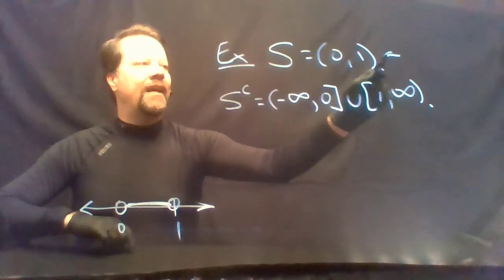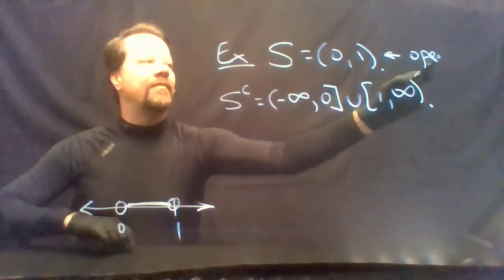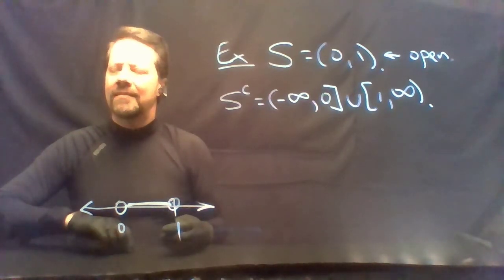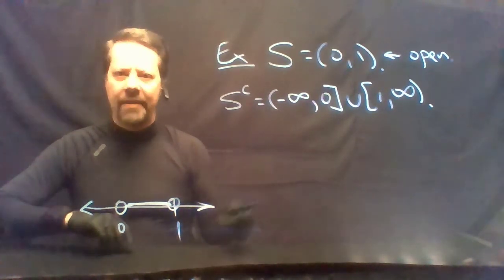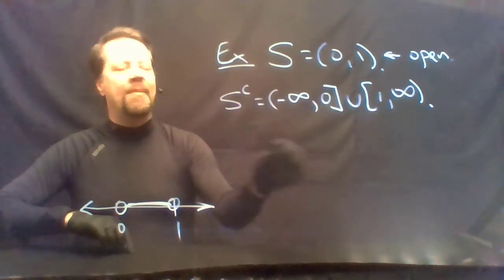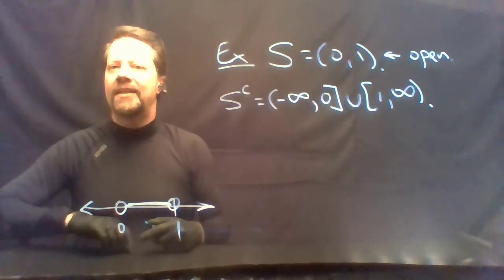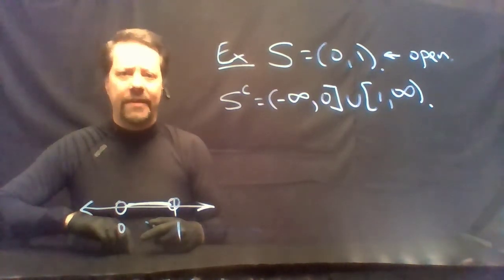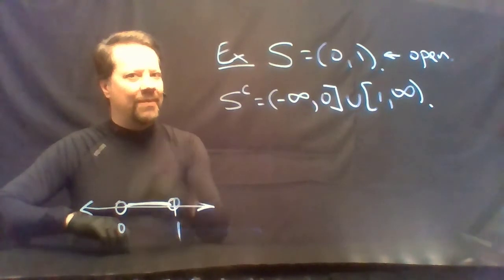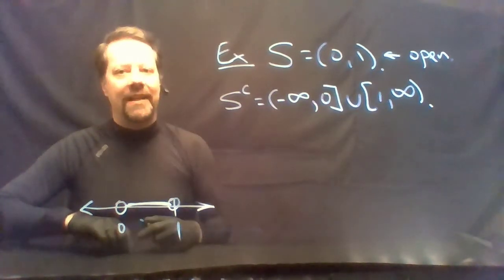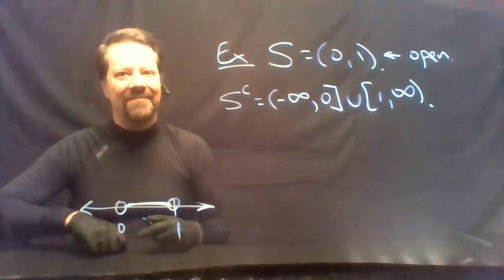Note that S is open. Is S complement open, closed, or neither? Those are the three options. Remember what the definition of a closed set is. A set is closed if it contains all of its boundary points. But there's a special thing you have to keep in mind. Infinity and minus infinity aren't points.